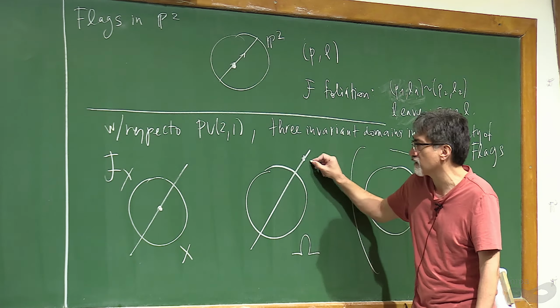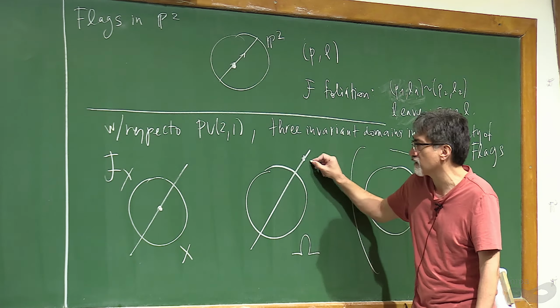Okay, so let me do, again, the drawing that's on the left. So I have my ball here, and I have a point. This is the X side, and I'm in X. There's a natural way to identify these two spaces. So here, what I have is a point inside the ball and a line.